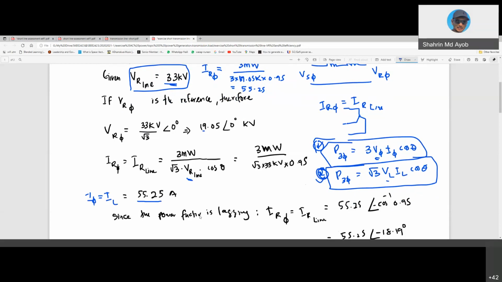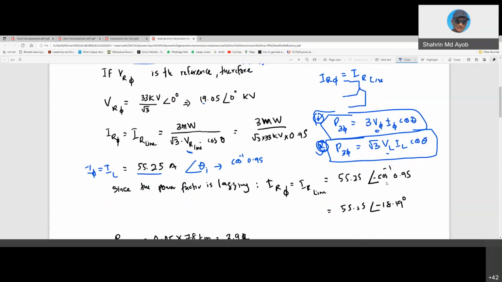But the current value that you obtain here is only the magnitude. So how to get the angle of the current? As mentioned in the previous example, we can obtain it from the inverse power factor, which is the cos inverse of 0.95, which is 18.19 degrees.